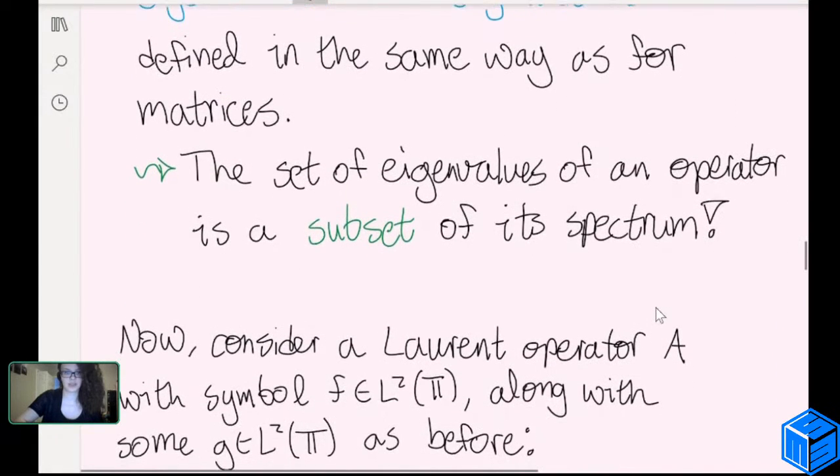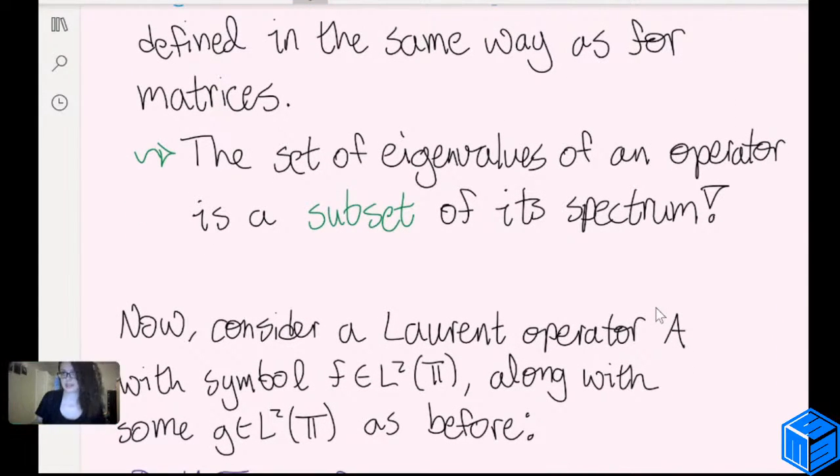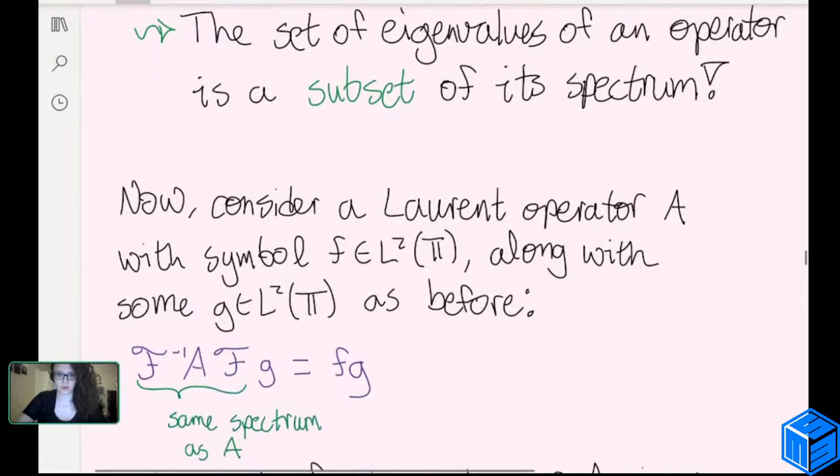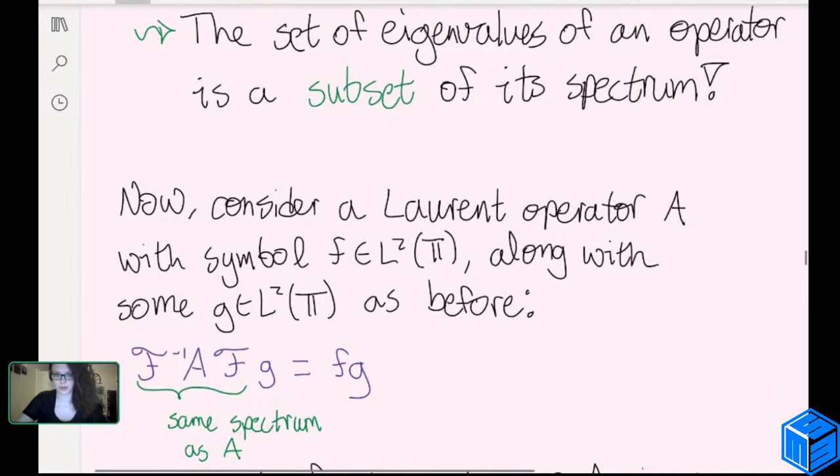Okay, so now that we can talk about the spectrum of an operator, we're ready to go back to our Laurent operator A. And again, it has symbol f, which is square integrable over the circle. And we also have that g that we were talking about before, which is also square integrable over the circle.